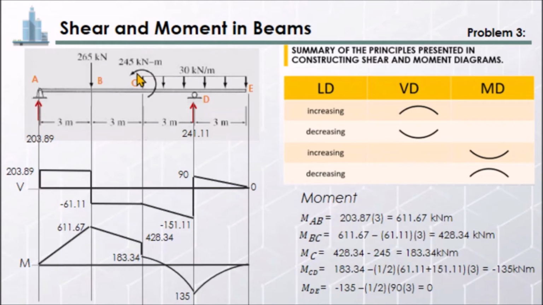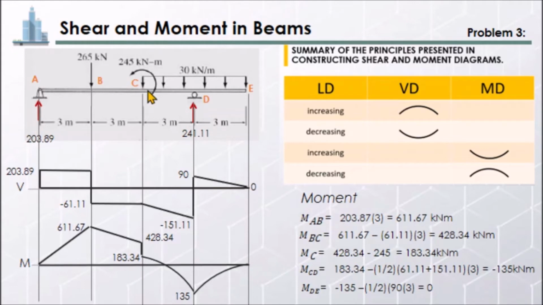Ngayon, sa point C, meron tayo dito class na counterclockwise na load. So, ang gagawin natin, ima-minus natin yan class doon sa ating nakuha na 428.34 kanina. So, that will give us 183.34 kilonewton meter.